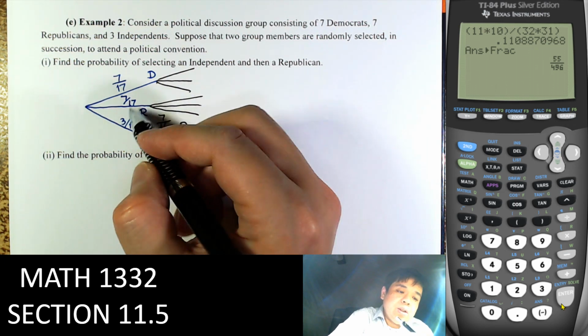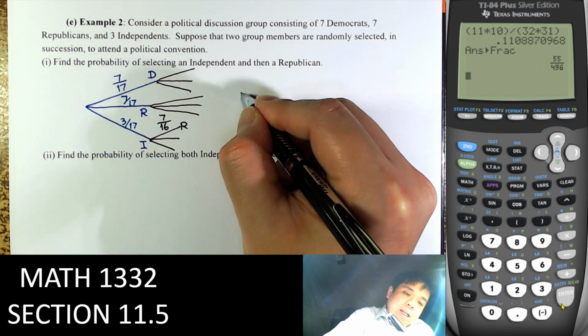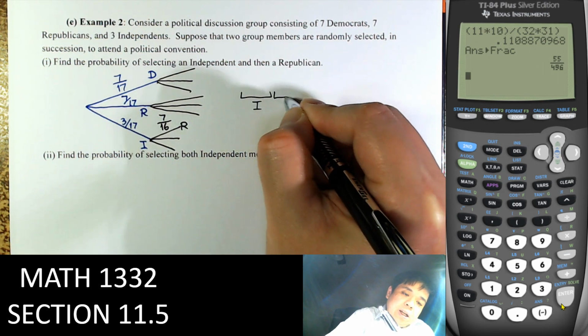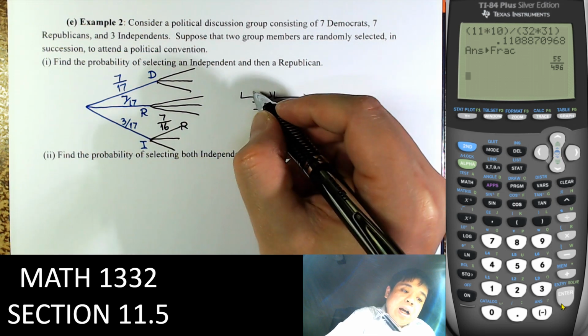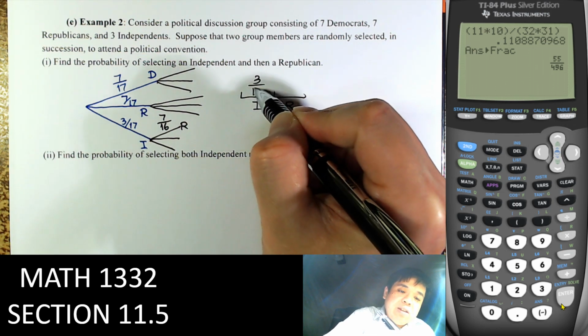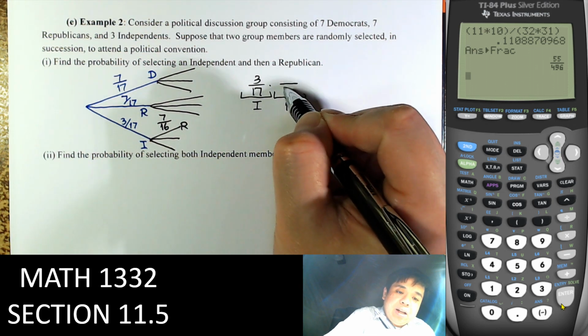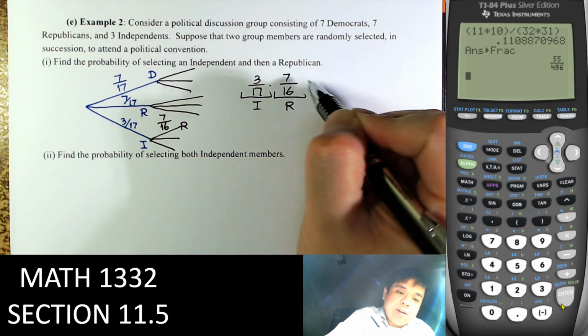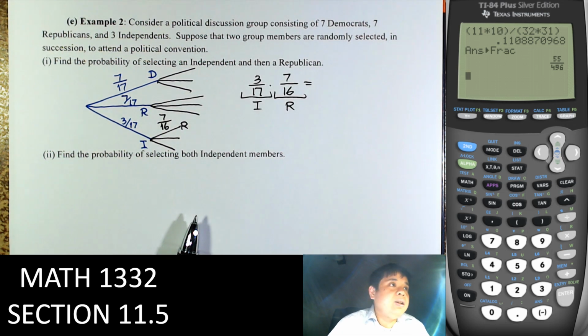So if we want Independent and then Republican, Independent is 3 out of 17 from the beginning. After that we have 7 out of 16. So that's what we have.